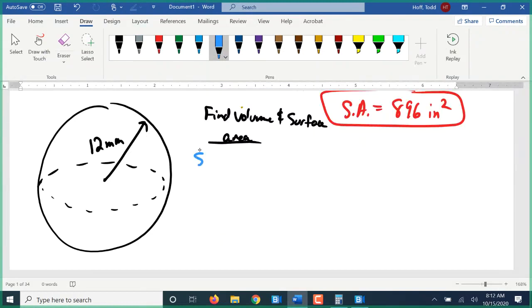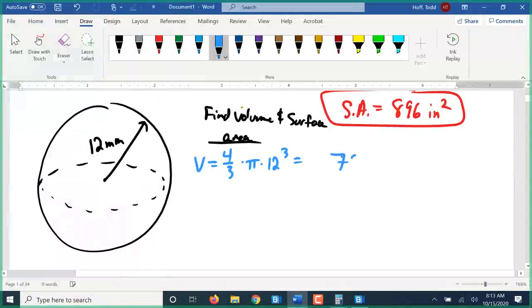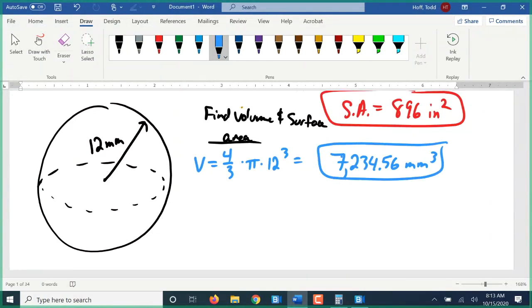Our volume is 4/3 times pi times the radius cubed. We're just going to enter that in the calculator. 4 divided by 3 times 3.14 times 12 cubed. 7,234.56 millimeters cubed. That's a weird number, 2, 3, 4, 5, 6.